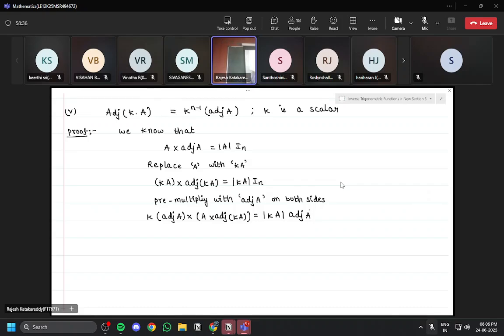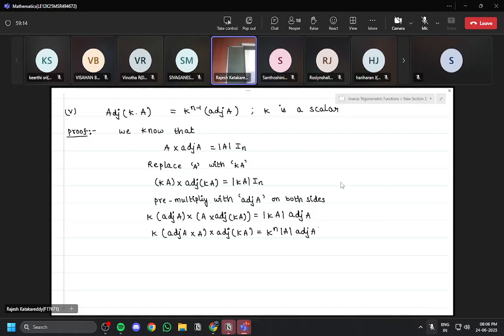And then I am using the associative property of matrices. This is X, Y, Z. I can write X into Y. Doing that, this is scalar into adjoint of A into matrix A into adjoint of KA. This must be equal to K power n into determinant of A into adjoint of A. If you observe this bracket from property number 1, adjoint A into matrix A is determinant of A into identity.